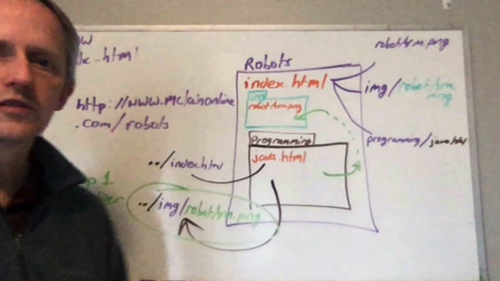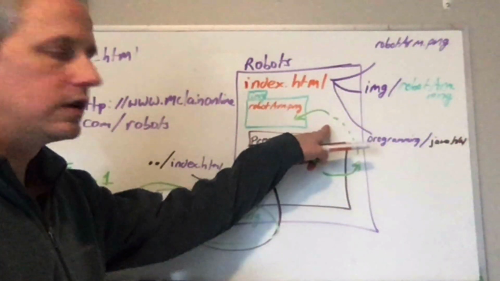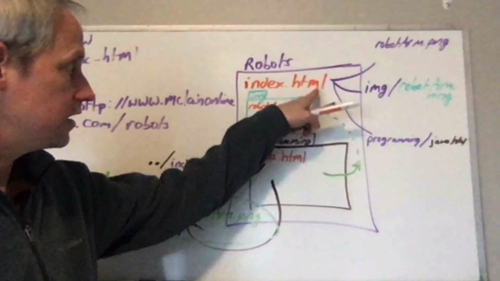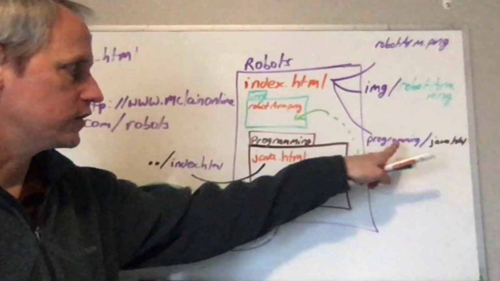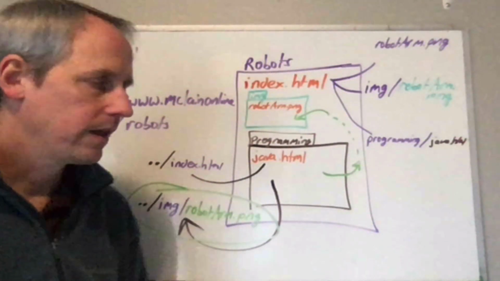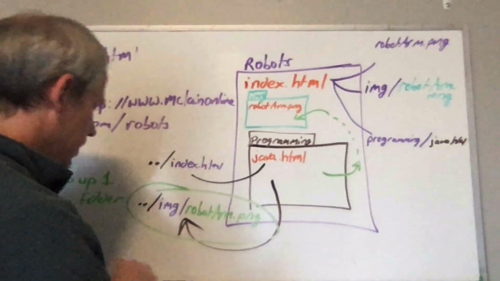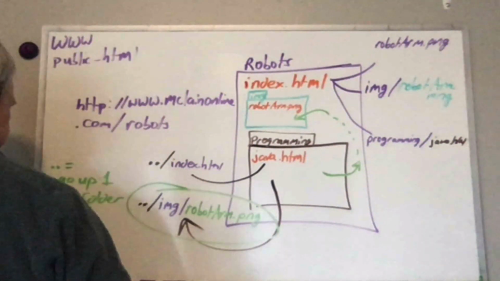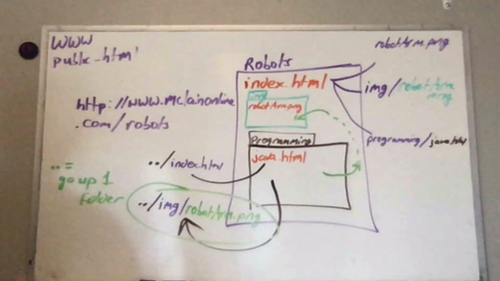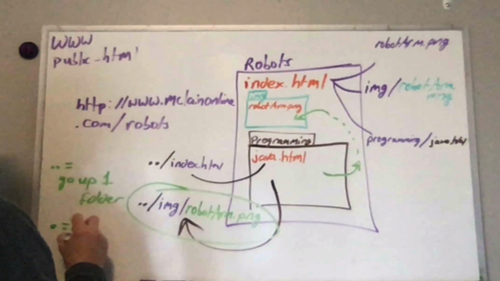Okay, so that's the idea of pathing. Dot dot slash takes you up one folder, and then you can go down a folder by putting slash folder name, or just, if you're starting with it, just the folder name. If you like to be more explicit with how you start, you can also say one dot, which equals this folder.